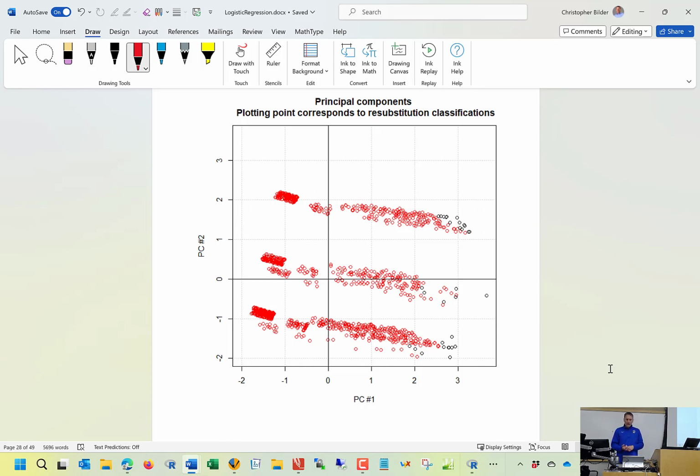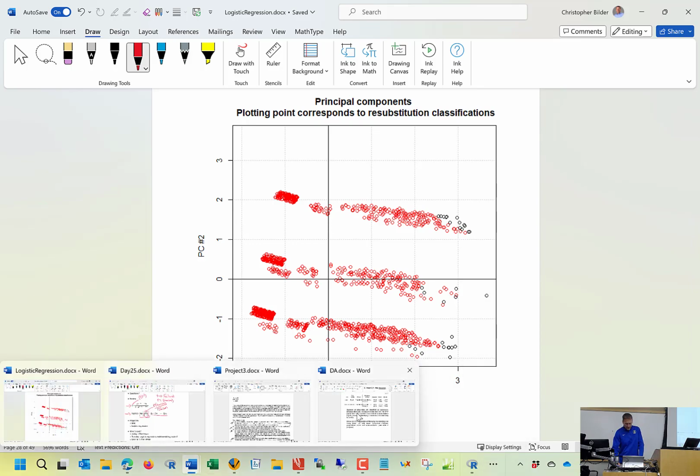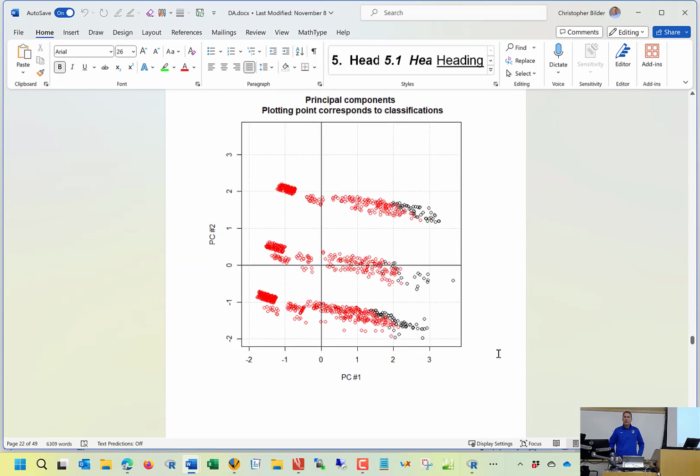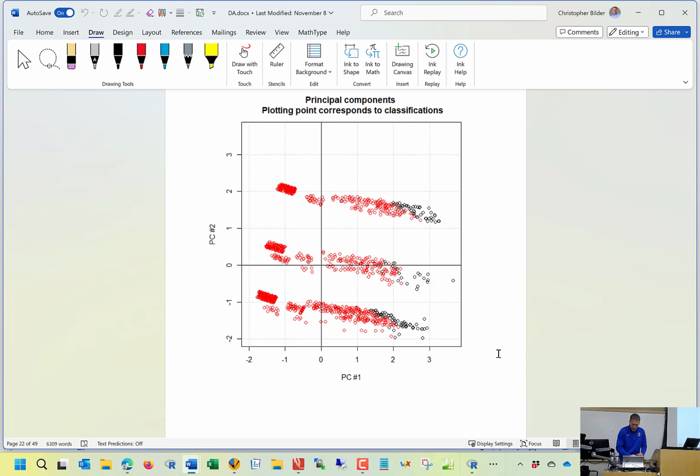And if you remember from when we did this in discriminant analysis, this is what we have for discriminant analysis for the same plot. And we saw how there was a definite, let's say, dividing line essentially there. And we talked about why that occurred with respect to discriminant analysis. Then when we saw this for nearest neighbor classification, we saw something that was quite different. We didn't have that strict dividing line.